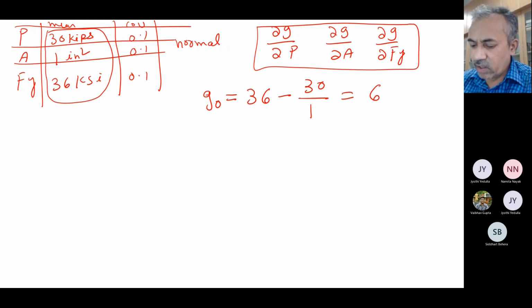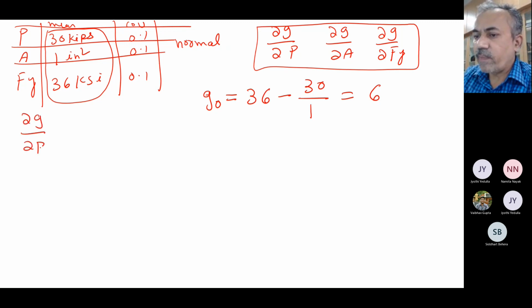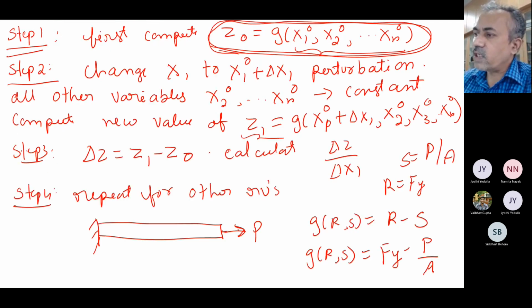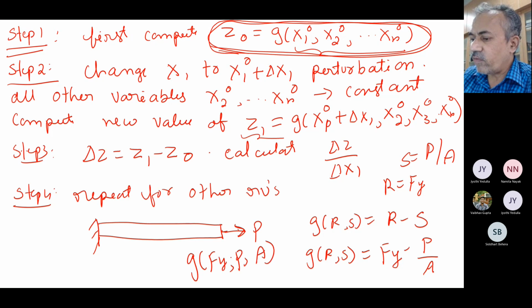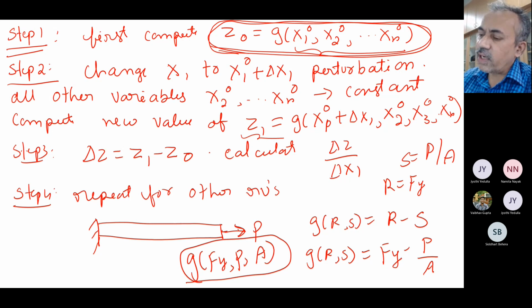Now, to find the derivative with respect to p, dou g by dou p, what do you have to do? Our g is a function of f of y, p, and a, so three random variables are there. To find the derivative with respect to p, f y and a have to be kept constant, and you slightly perturb this p value.